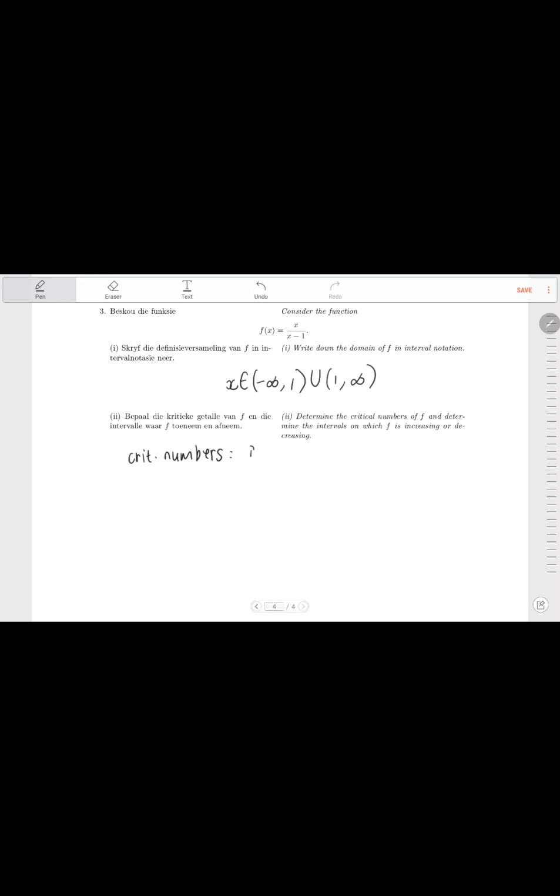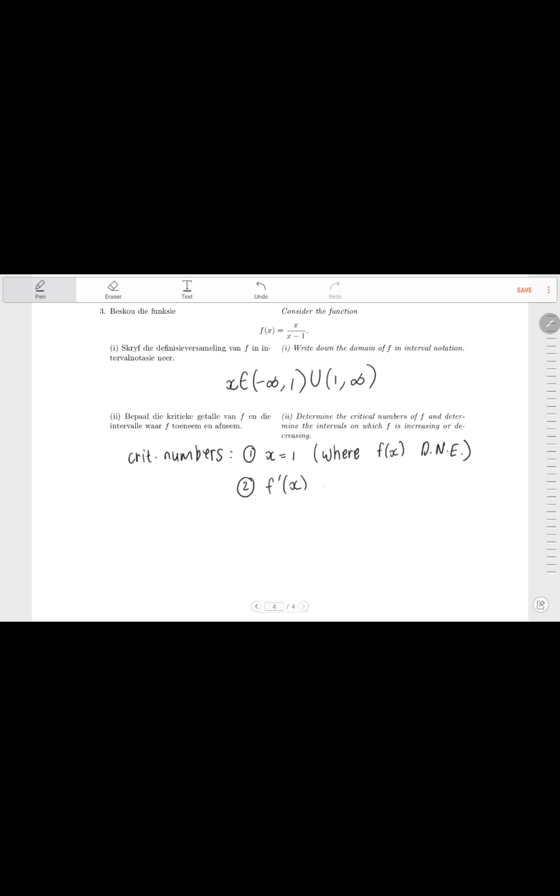So the first one is x equals 1. This is where f of x does not exist.